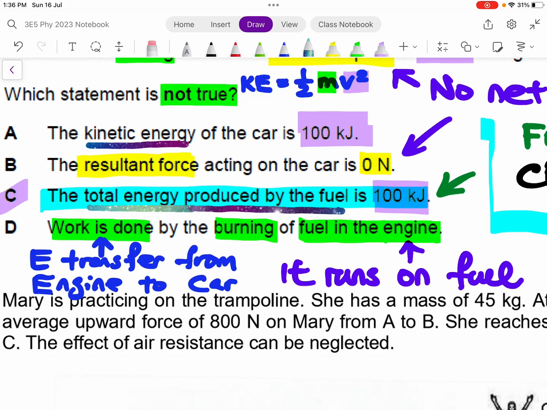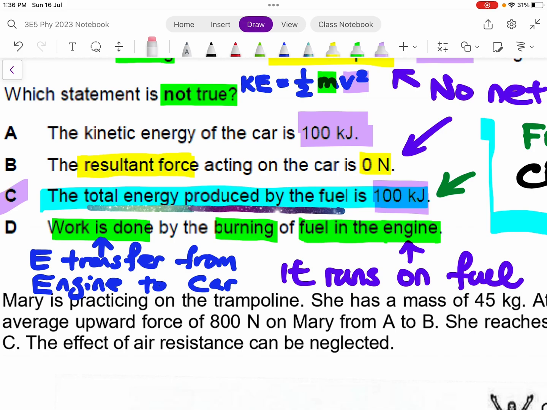So you may ask, Mr. Choi, you just said that the kinetic energy is 100 kilojoules. I tried the formula, substituted, it makes sense. And then in D, you say that the kinetic energy must have come from the fuel. So isn't C a direct consequence of A and D? Shouldn't C be correct if A and D are correct?